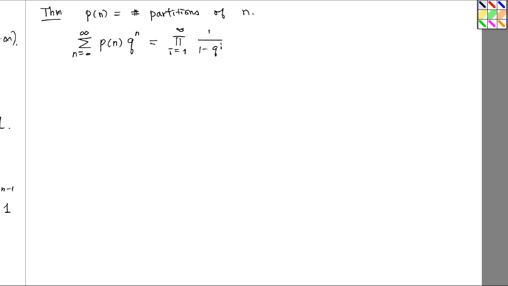In other words, because each factor is a geometric series, it is 1 plus q to the i, q to the 2i, q to the 3i, dot dot dot. So the product of these. Let's prove this.